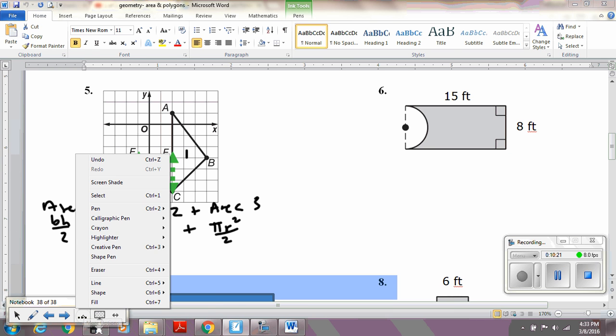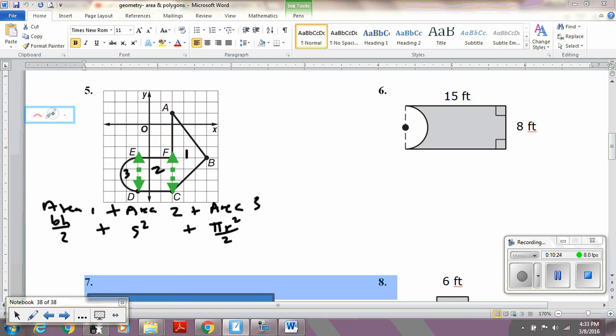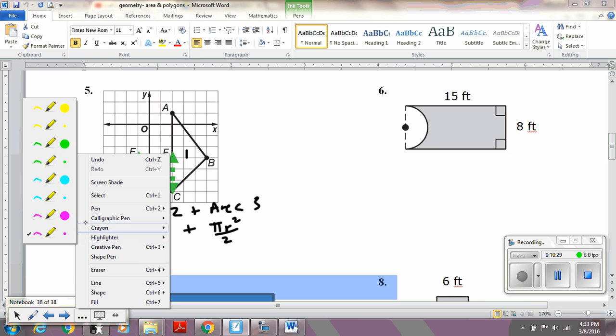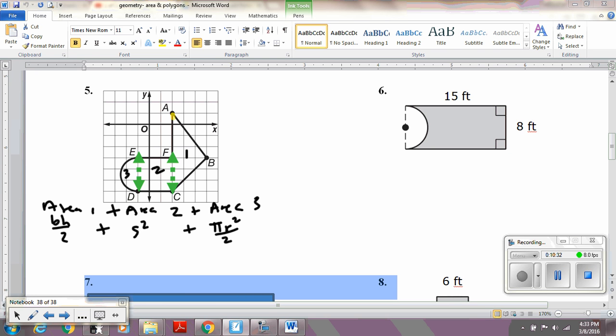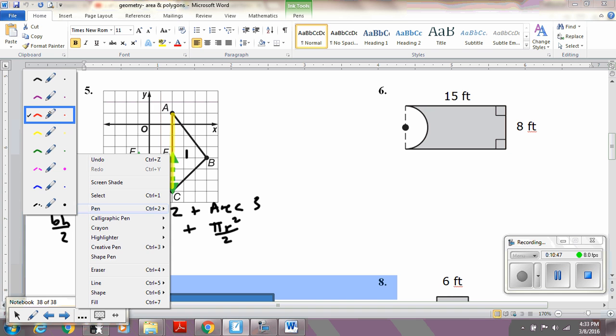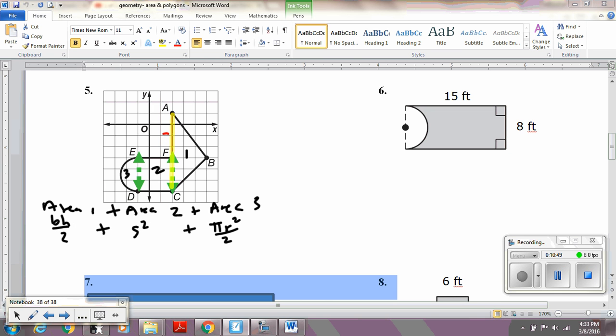So let's look at our triangle first. Let's figure out what the base and the height are. The base is this entire side here. If I count it, it's 1, 2, 3, 4, 5, 6, 7 units. So the base is 7. To find the height, the base and height have to be perpendicular. So I just find any straight line from the base and count it. And so this would be 3.